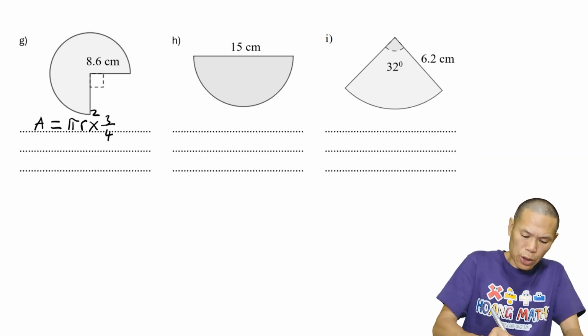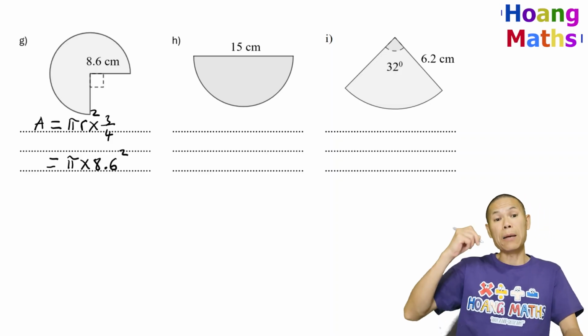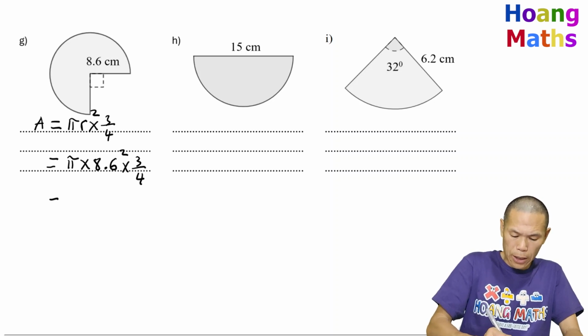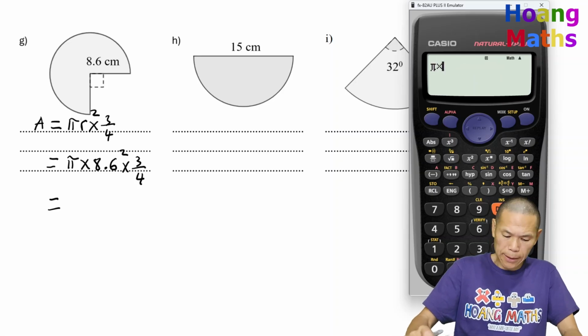So now which is equal to pi times the radius, that is 8.6 squared, and we times by 3/4 of it. So times 3 over 4. That is equal to, so just go shift pi times 8.6 squared, we times 3/4.